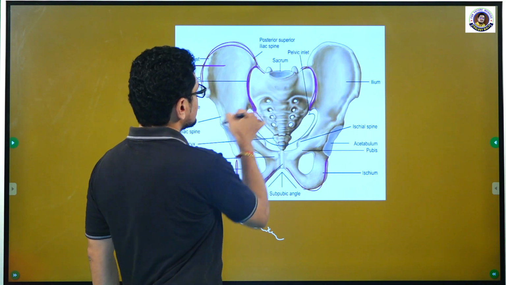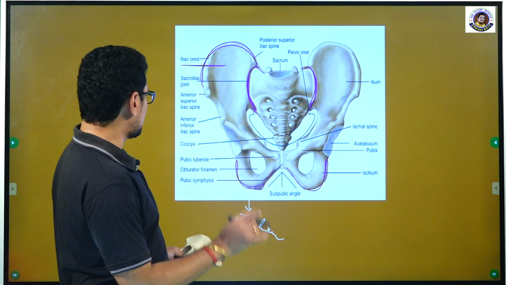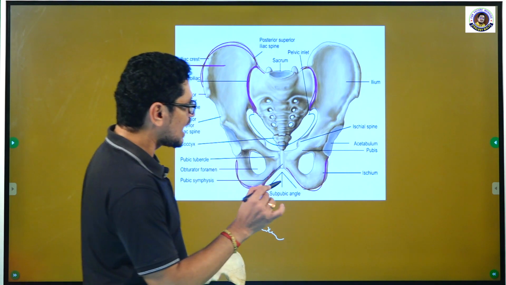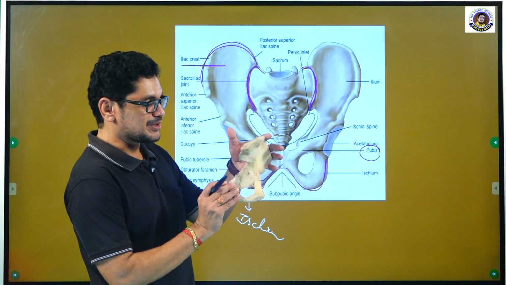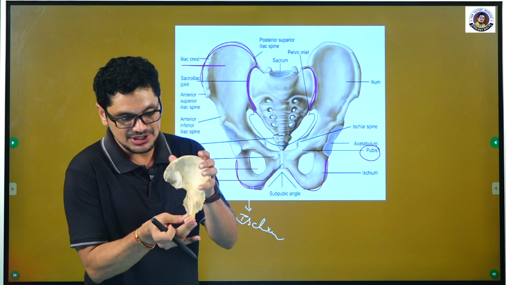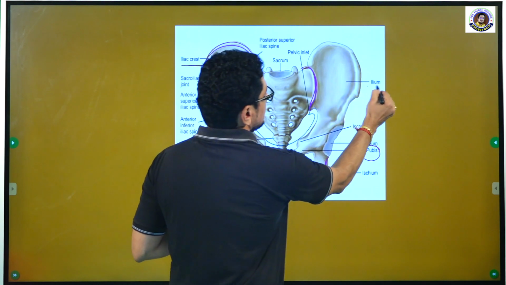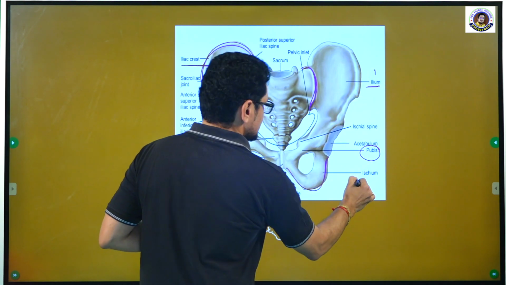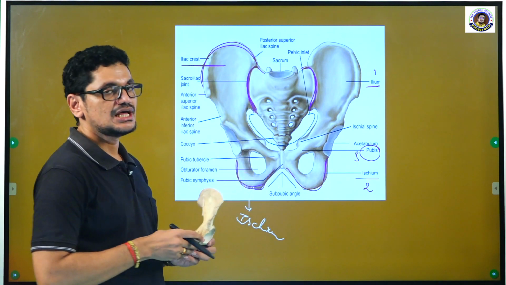This one is ilium and this one is ischium, but you have to see another nice one here, the pubis. See this one: ilium, then ischium, then pubis. If you observe, ilium is one bone, ischium the second bone, and pubis is the third one.